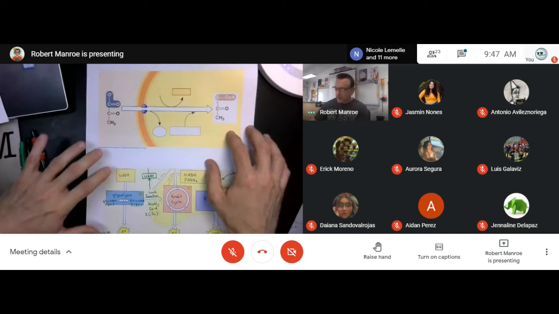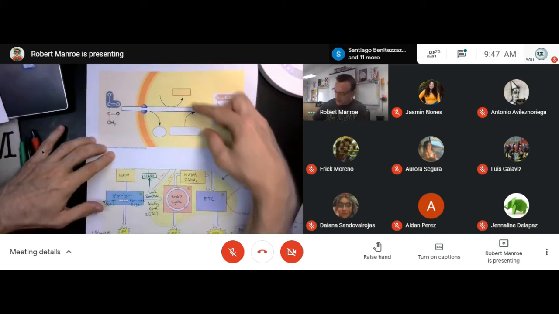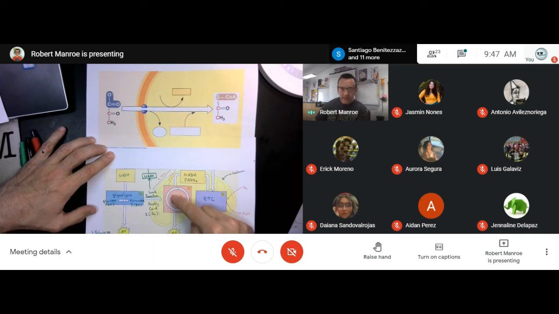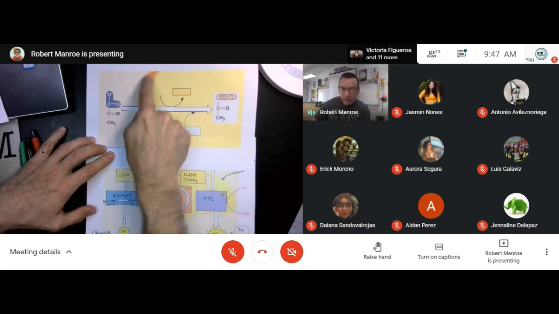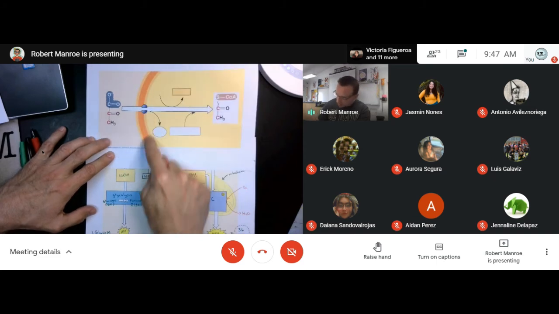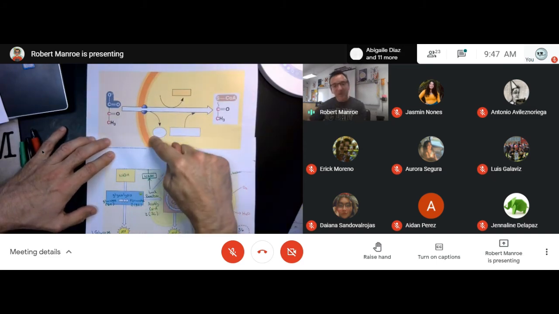This here is the inside of the mitochondrion. This big old orange line is not the plasma membrane.